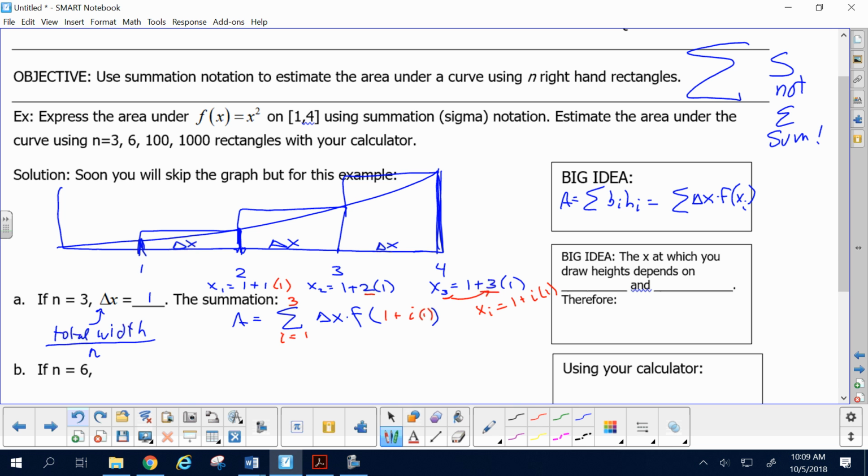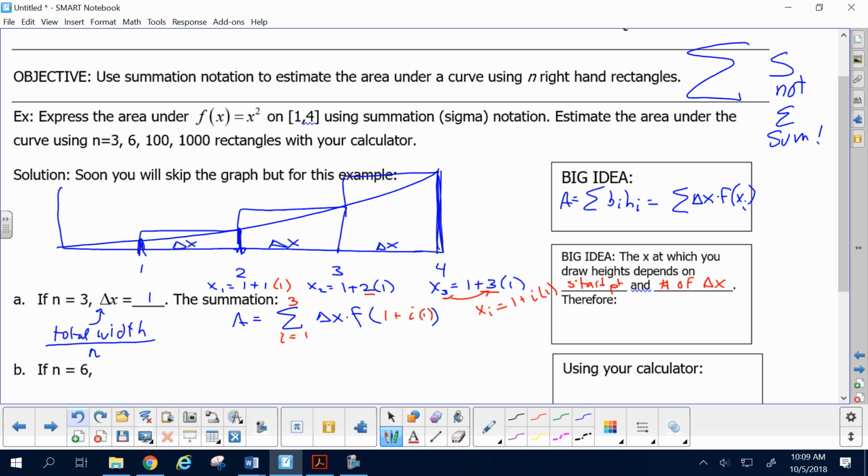Now, the x at which you draw heights, when I say, hey, draw a height here at 1 plus 1, or 1 plus 2 times 1, or 1 plus 3 times 1, depends on 2 things: the starting point and the number of delta x's you've gone over.